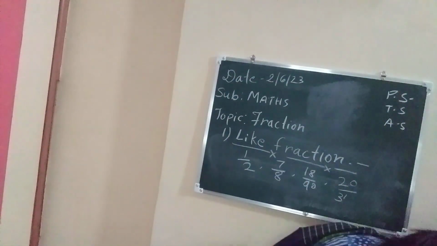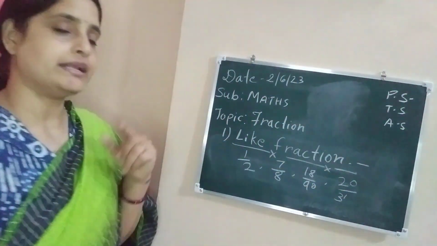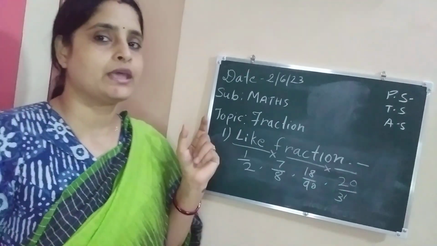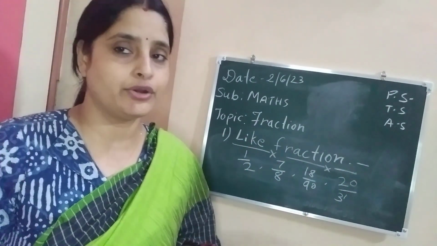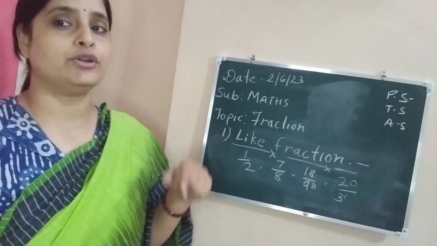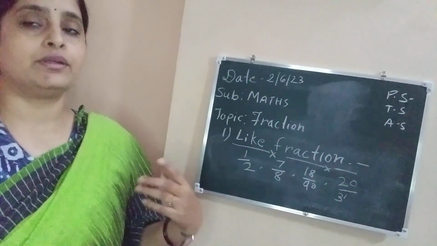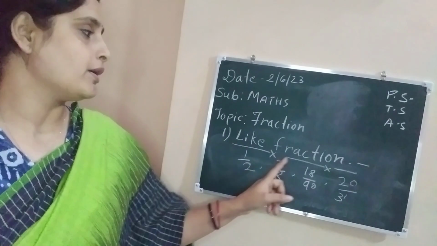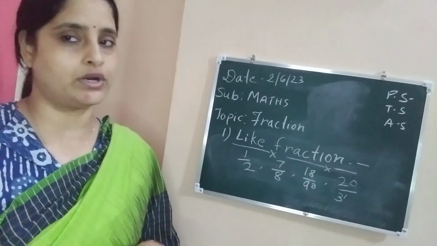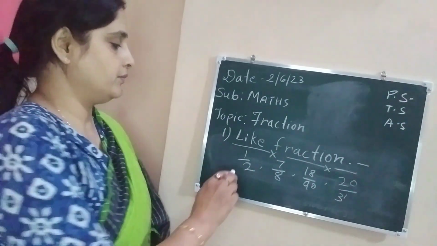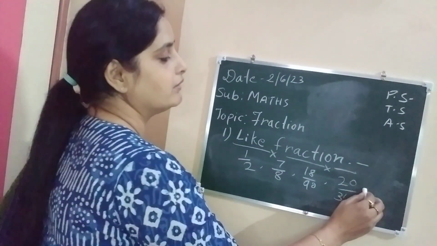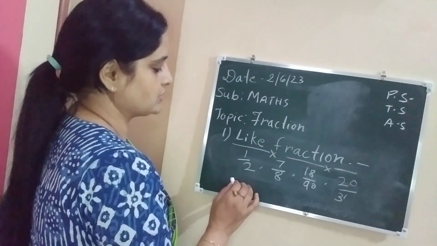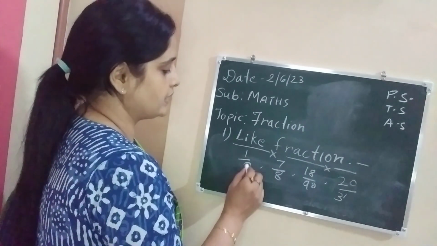And what about the unlike fraction? That is the second type. The like fraction is the fraction in which the numerator is smaller than the denominator. Suppose that is 1 by 2.